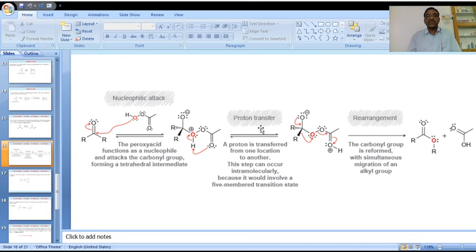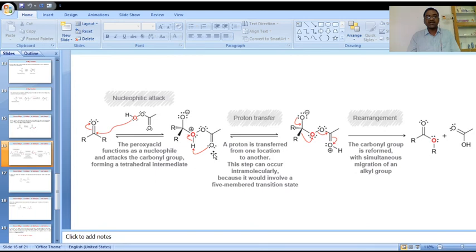In this step, a proton is transferred from one location to another. The proton on the terminal oxygen is shifted to the carbonyl oxygen side. The proton is transferred from one location to another.